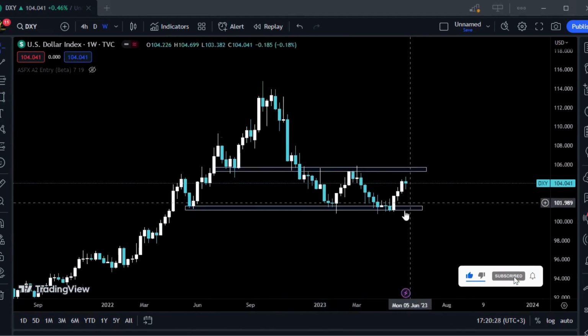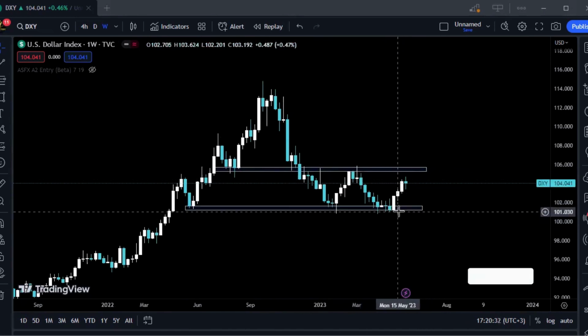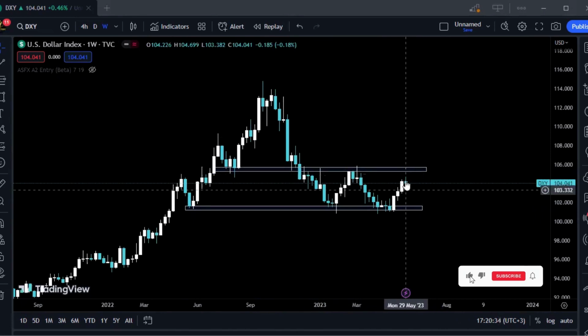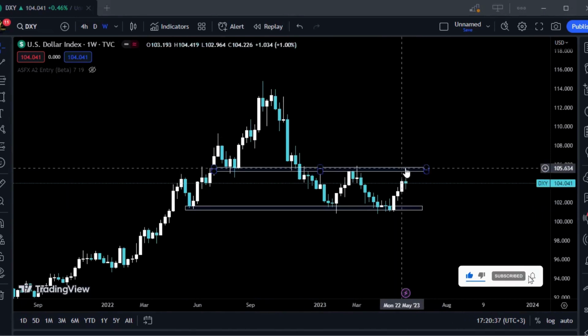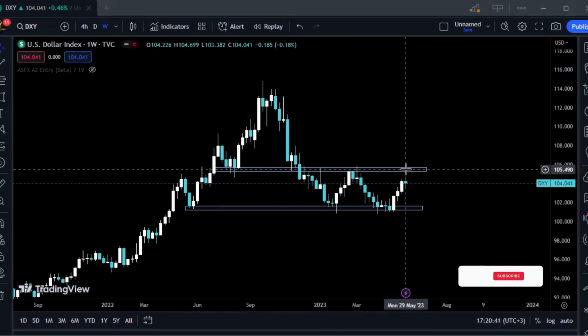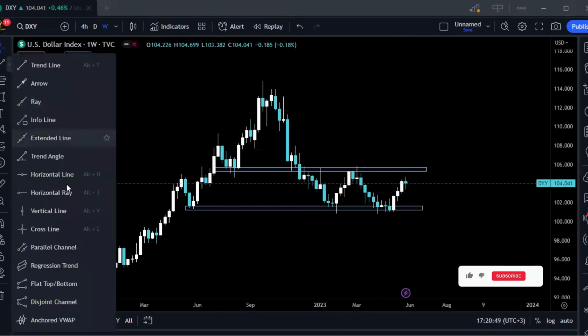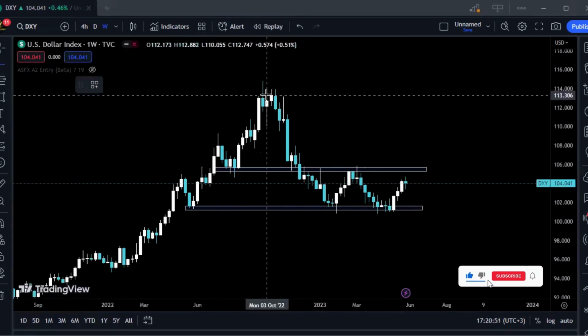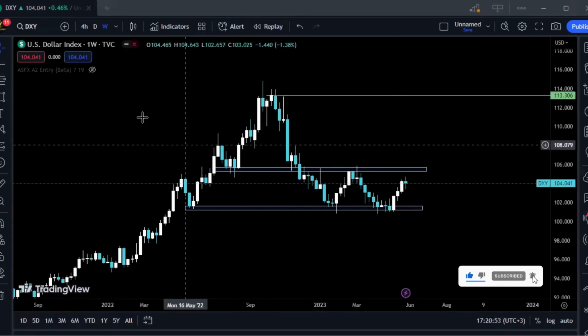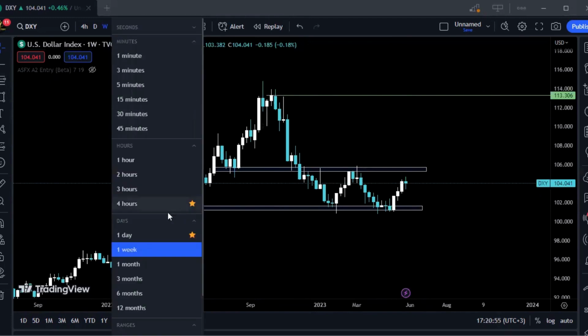Prices bounced off from this low, and we should be anticipating prices to reach this high. There's a very high possibility of prices reaching this high. We are anticipating prices to keep on pushing higher, as they just broke the most recent structure from the monthly perspective.